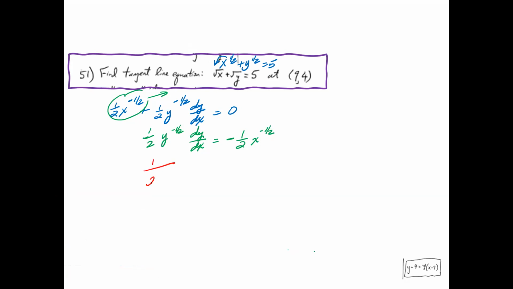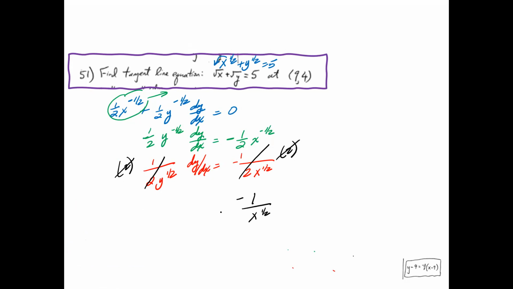So I have 1 over 2y to the positive 1/2, dy over dx equals negative 1 over 2, bring down the x to a positive 1/2. To get rid of the 1/2, I'm going to multiply both sides by 2. That cancels, and I'm left with a negative 1 over x to the 1/2 on the right side.